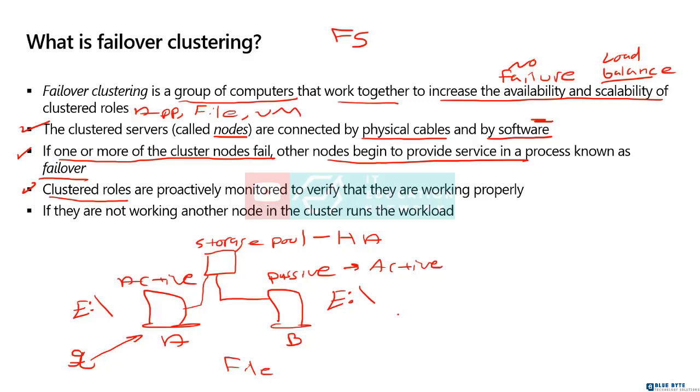So we've avoided a single point of failure. If you reboot server A, server B just starts delivering access to your shares. So that is the proactive monitoring, just to verify that all the other nodes are working properly. And as we said, if they are not working, another node in the cluster simply runs the workload.